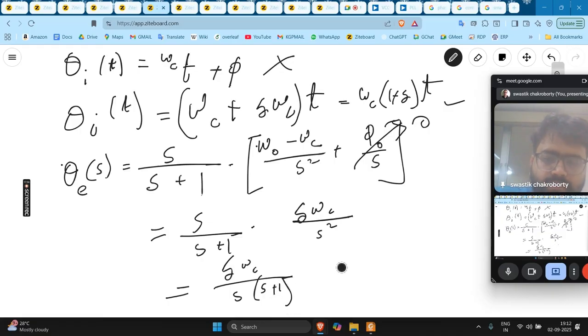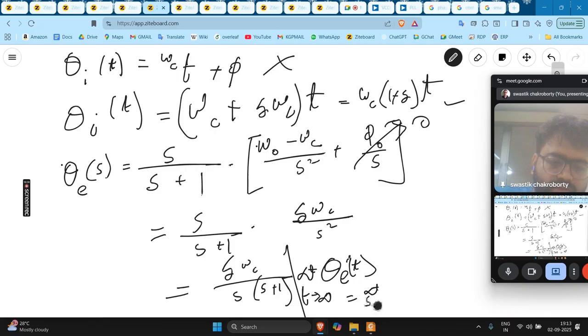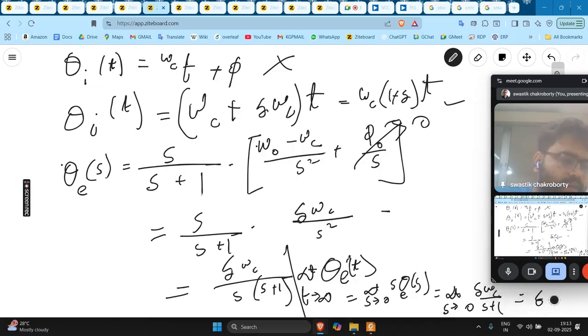Now theta e(t) as t tends to infinity is equal to limit s tends to 0, s theta e(s). So you have limit s tends to 0, s theta e(s), which means you have delta omega c by s plus 1. So it is ultimately delta omega c.